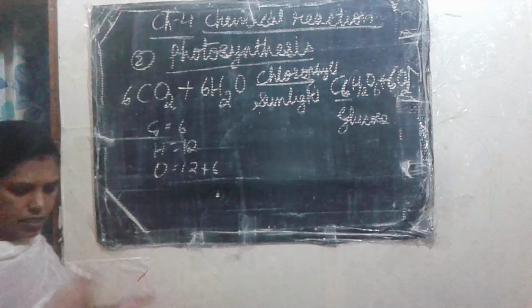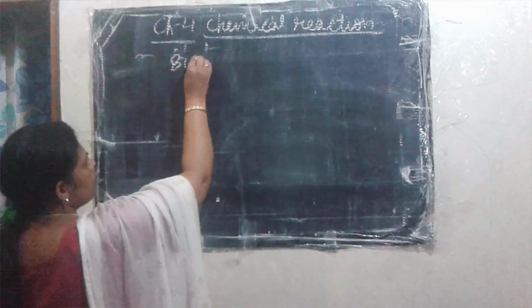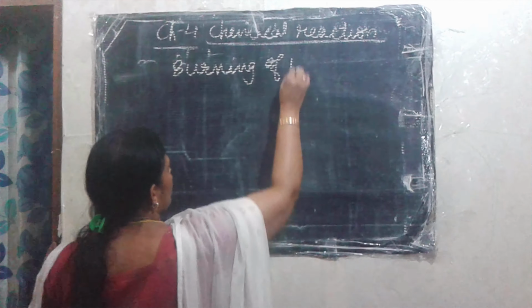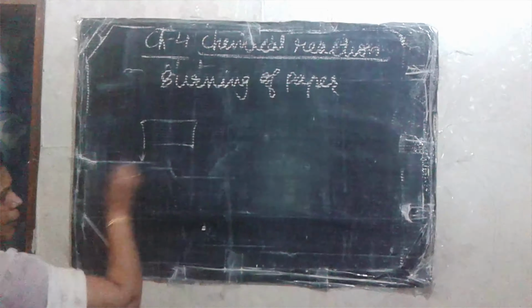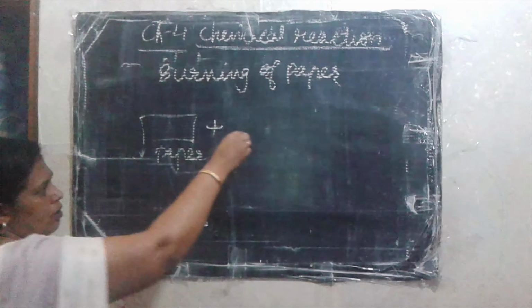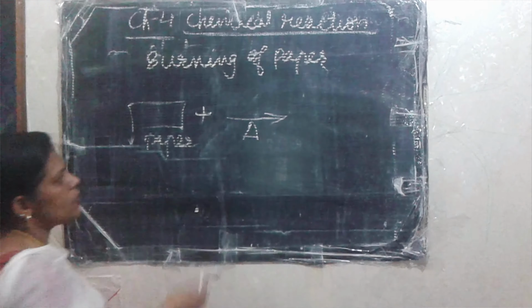Clear? And the next chemical reaction is burning of paper. When you burn a paper, what forms?